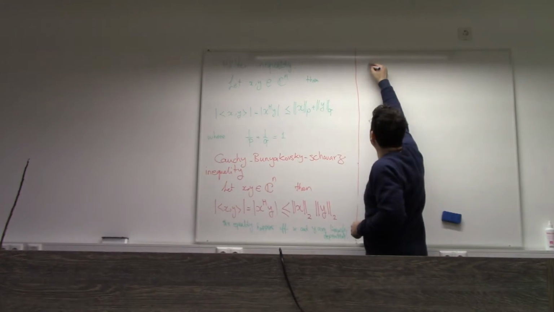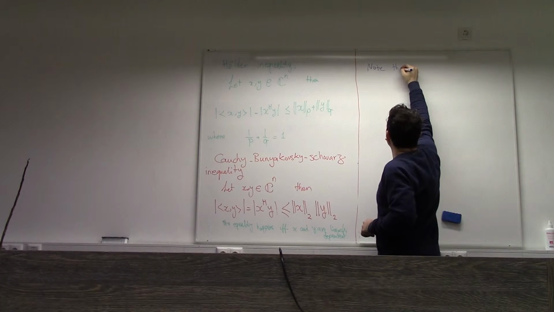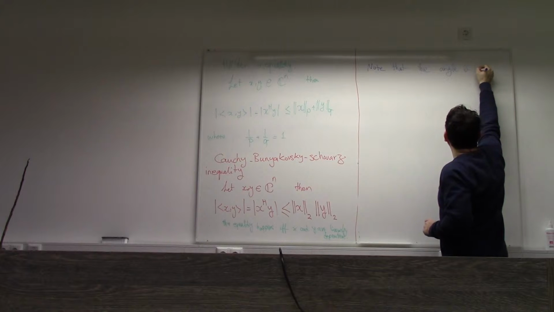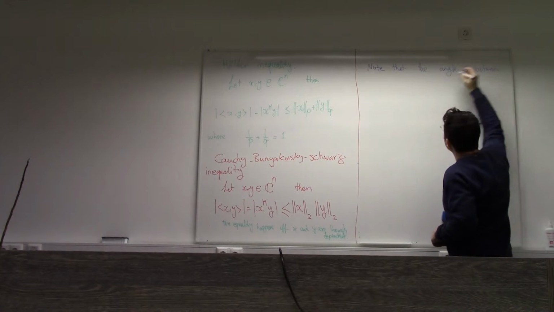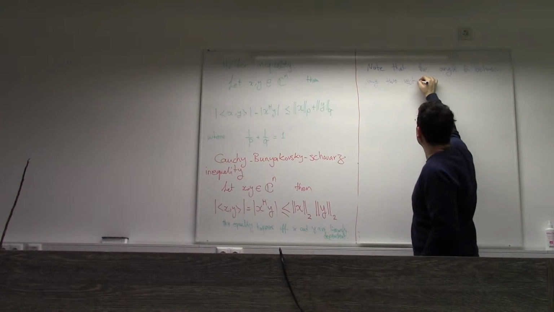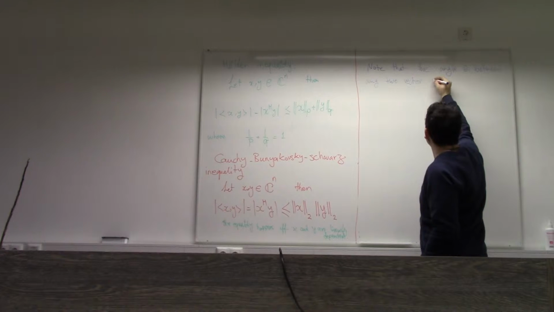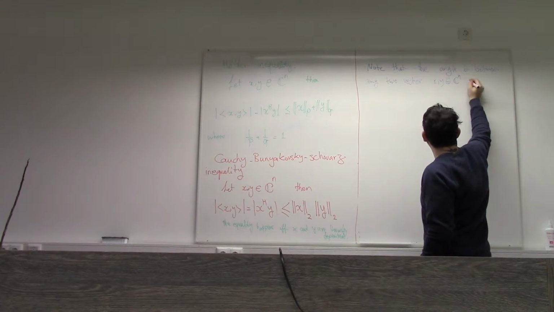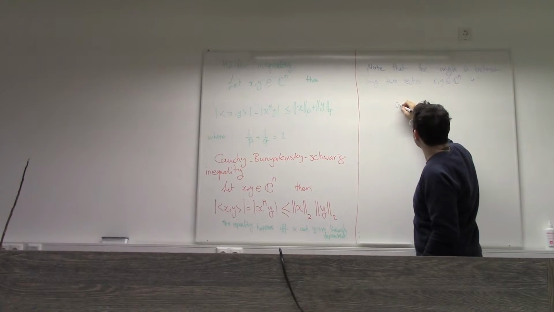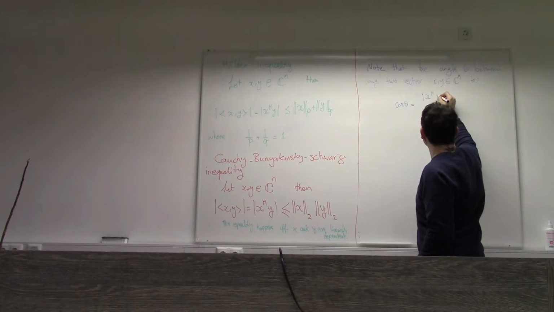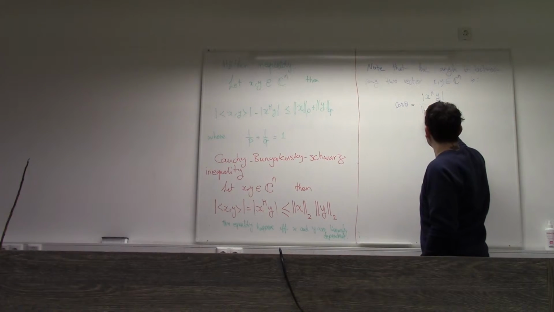Note that the angle theta between any two non-zero vectors x and y belonging to Cn is given by cosine theta equal to the magnitude of x Hermitian y divided by norm x multiplied by norm y.